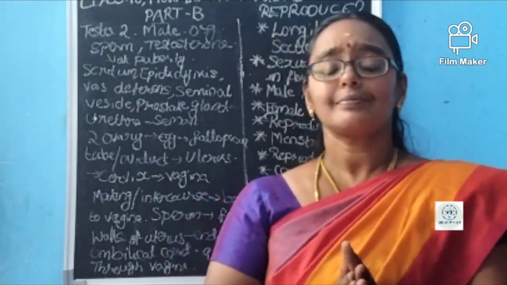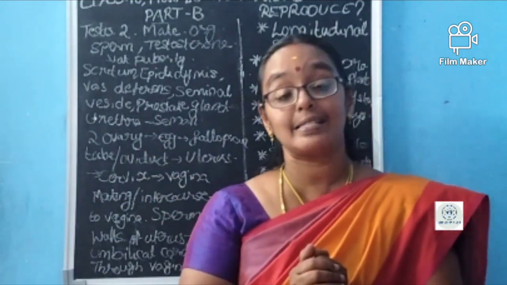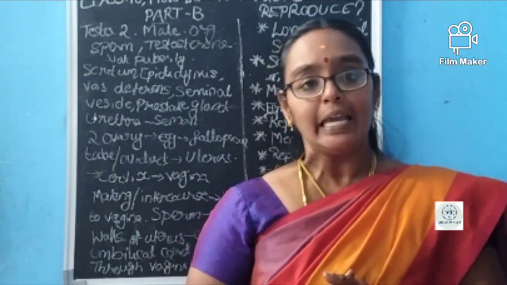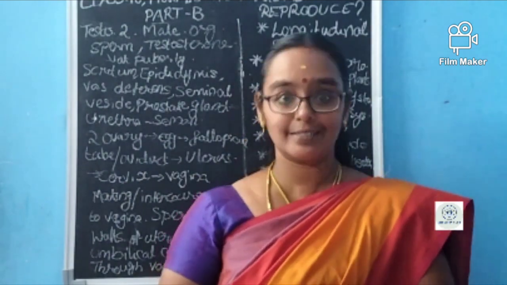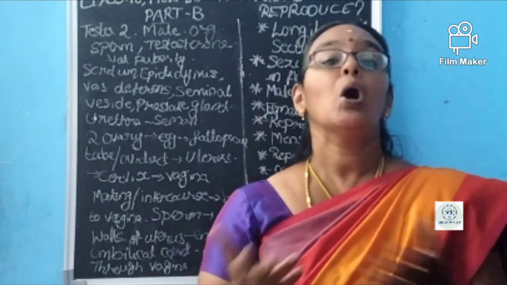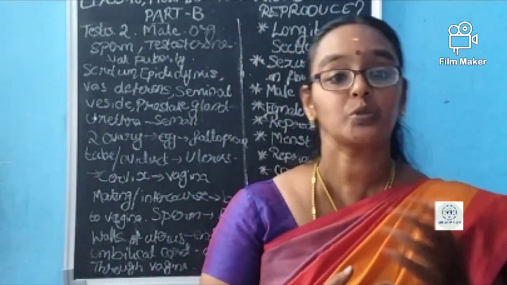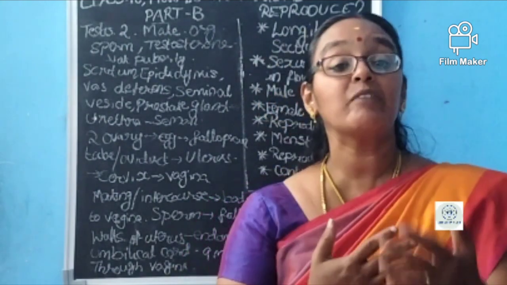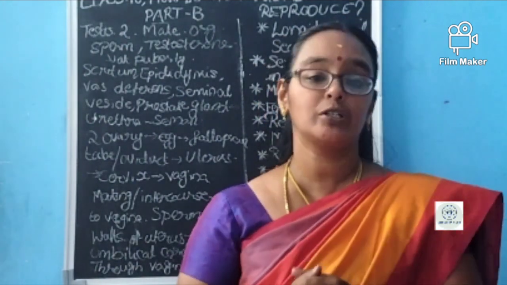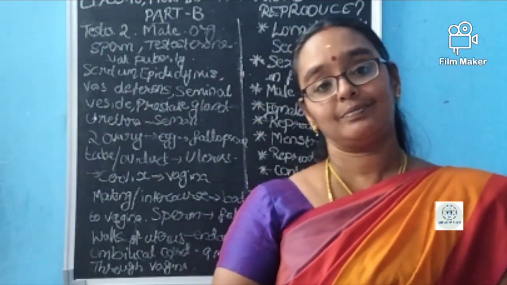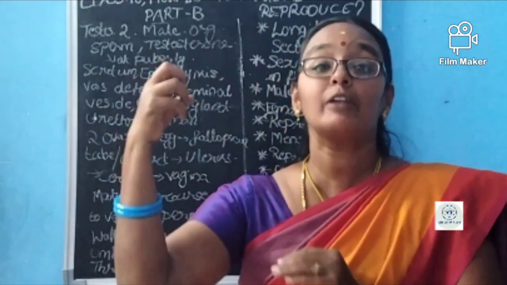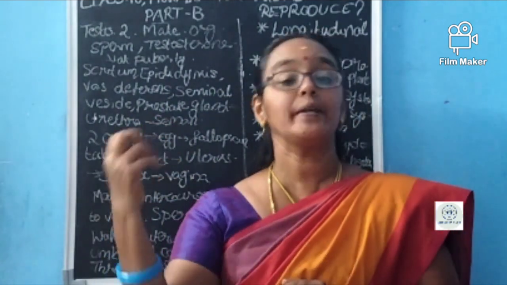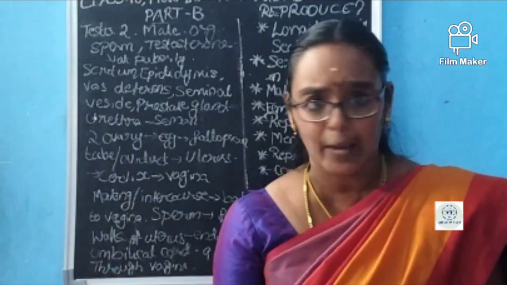So one question will be arising: what will happen if the egg is not fertilized? It's a question, right? All the time the sperm will not be attached to the egg, and fertilization will not occur. By that time, what will happen? As I told you, in the fallopian tube the matured egg will be waiting for the sperm to be attached. But all the time it will not be happening.